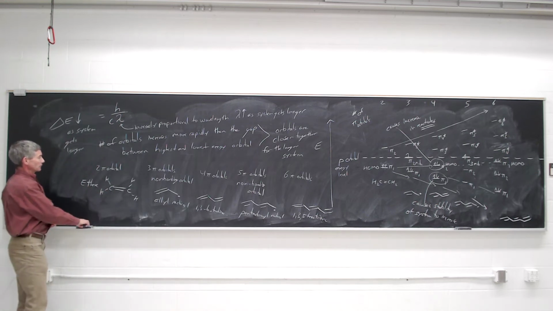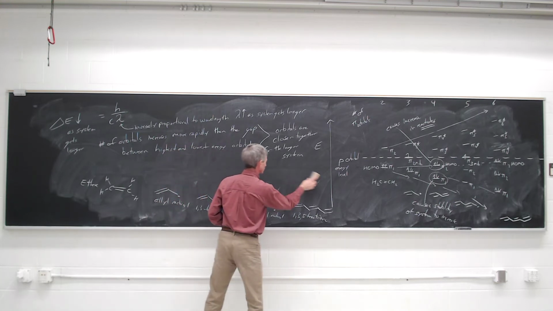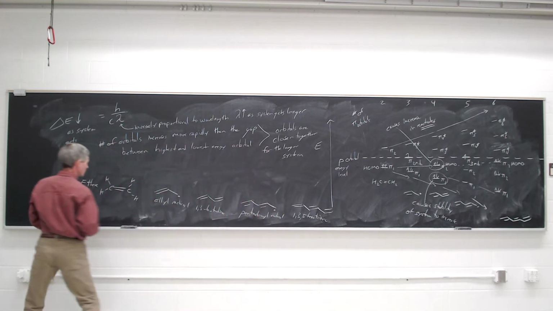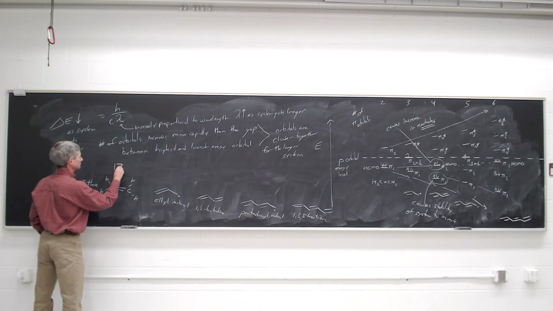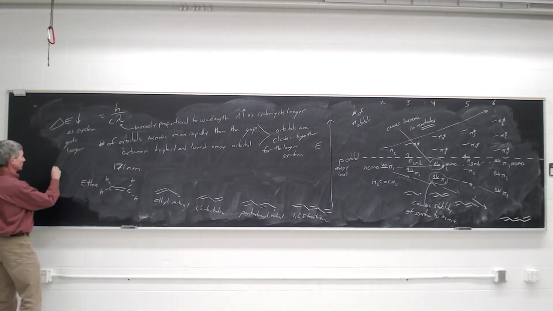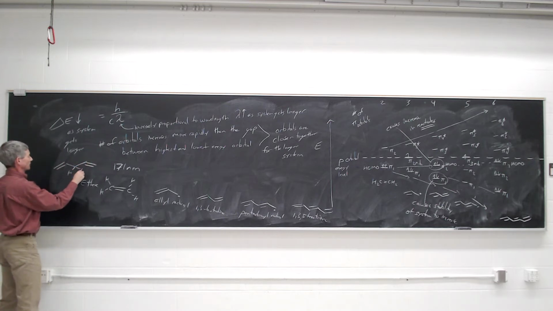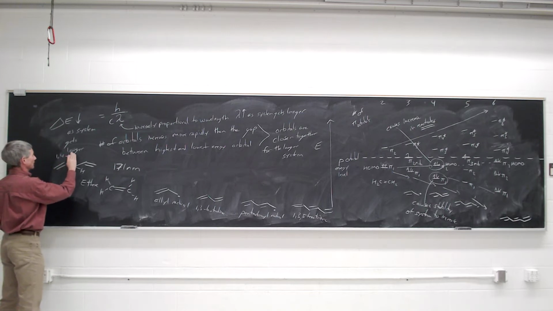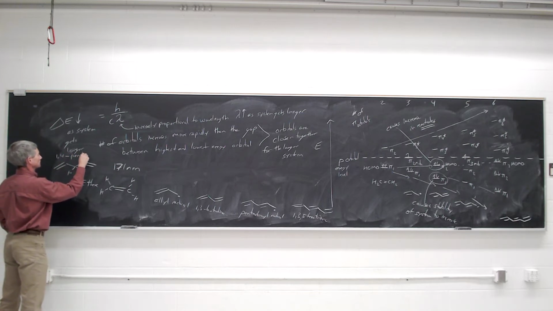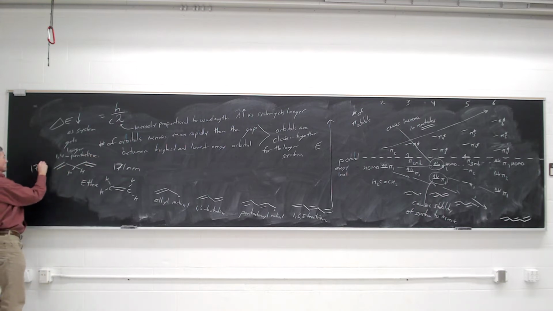If we look at the UV absorption for ethene, it's approximately 171 nanometers. And if we were to look at 1,4-pentadiene, it's not much different at 178 nanometers.